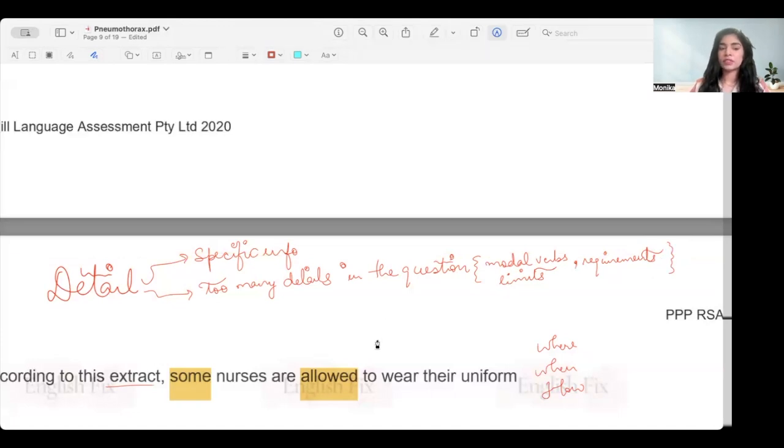However, in this case, it's not necessarily about the second point, but rather it is about the first point where they're looking for a specific piece of information. If you're looking for a specific piece of information, then try to remember what you do in your reading part A. In your reading part A, when you get short answer questions or when you get blanks, at that time as well, you're looking for specific information.